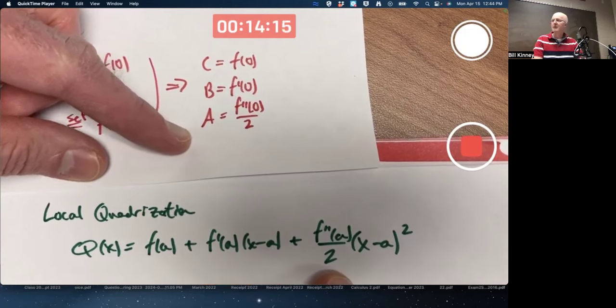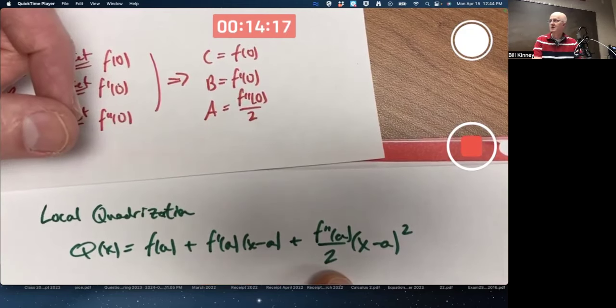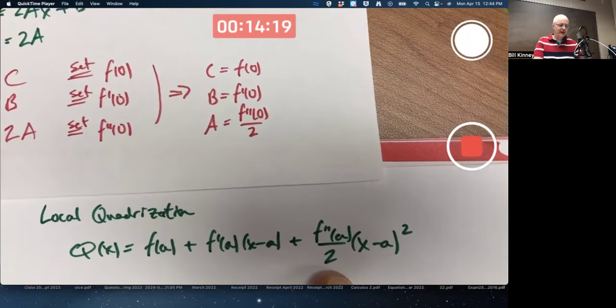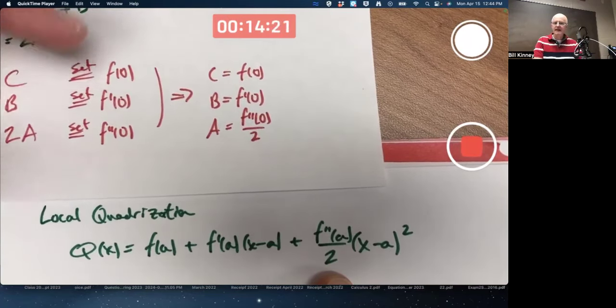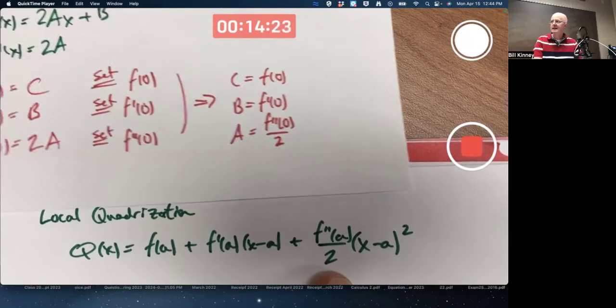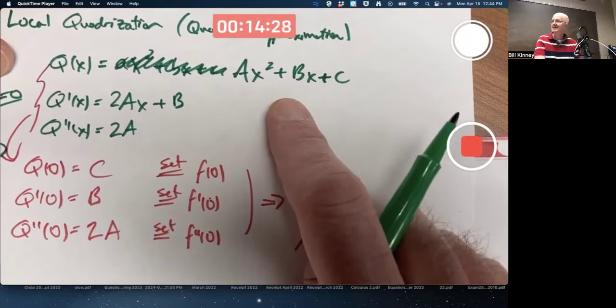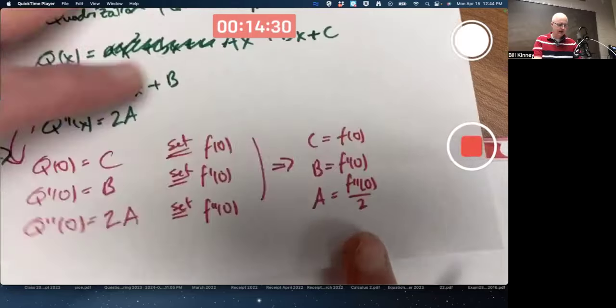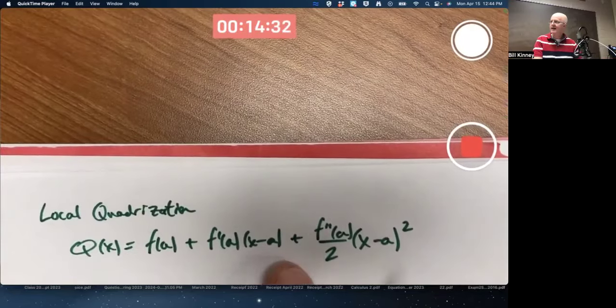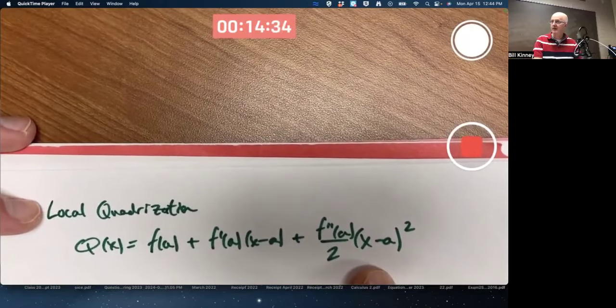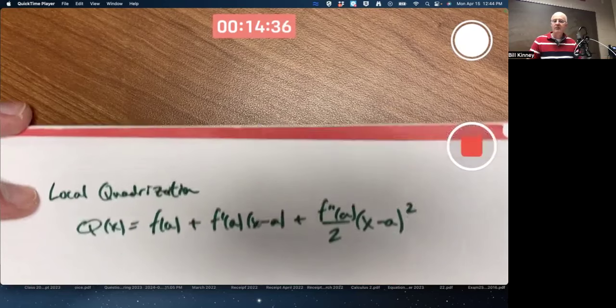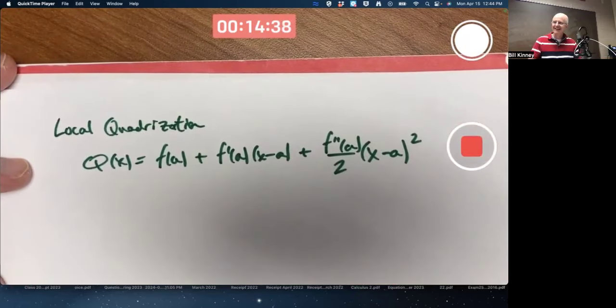That generalizes to f double prime of little a divided by 2. But again, to make the solving for capital A, B, and C work nicely in a general case, you'd want powers not of x itself, but x minus little a. That's why we have an x minus little a there and an x minus little a squared there. That would be the local quadrization.